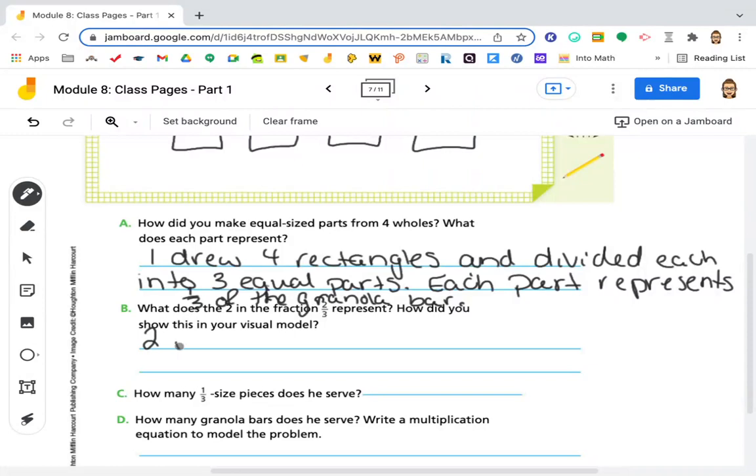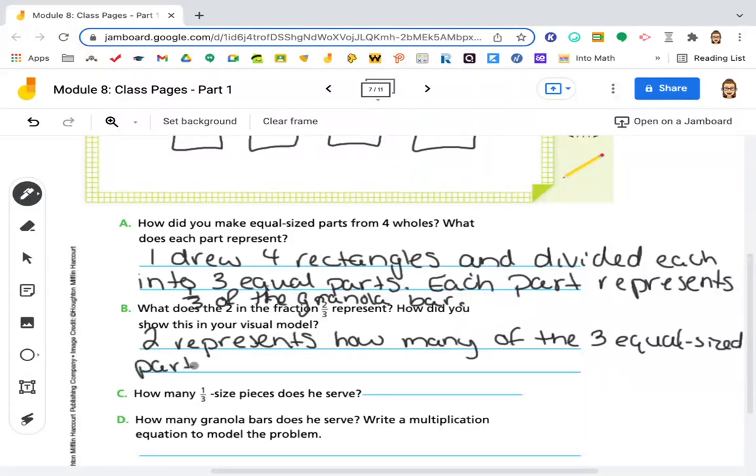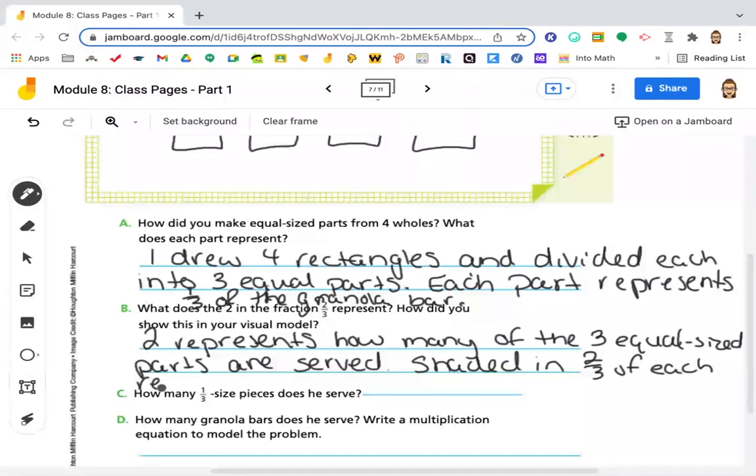Well, 2 represents how many of the 3 equal-sized parts are served. Shade in 2/3 of each rectangle.